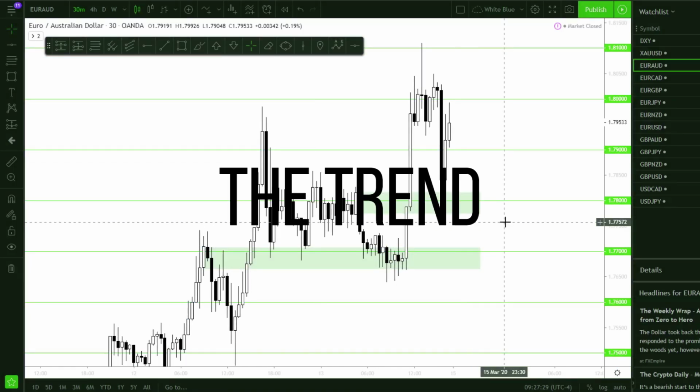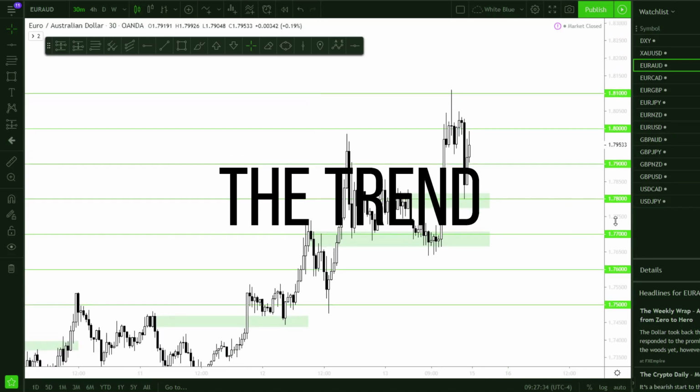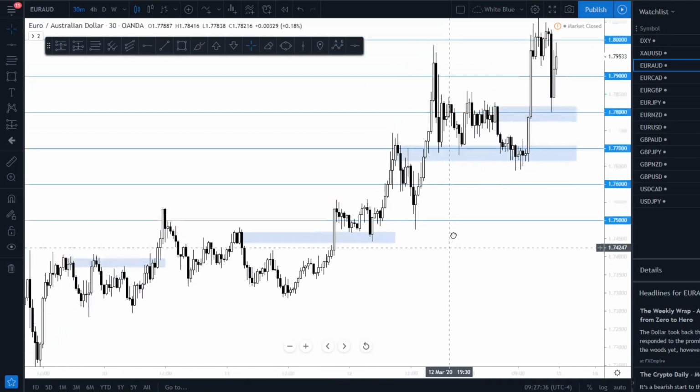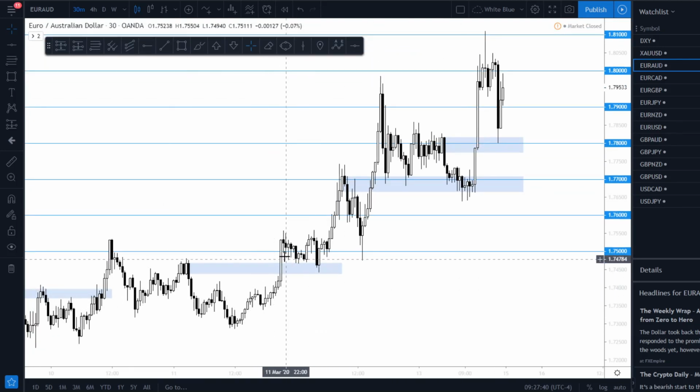So the next one is the trend. The next part of the strategy is the trend, I should say. So you've got all this set up, and this is a really nice up move. So you've got higher highs and higher lows. It's not going to be exact, so right in here you've got two highs that are pretty similar, but overall it's going up, and this would be something I'd be looking for.